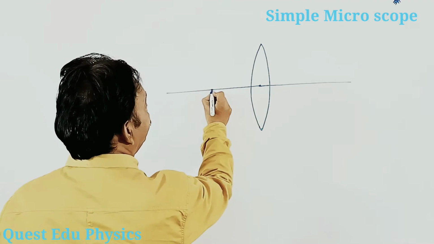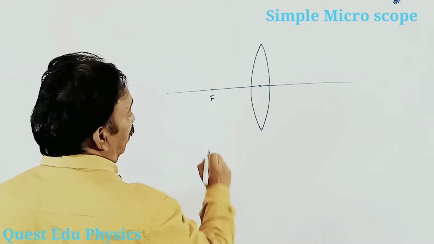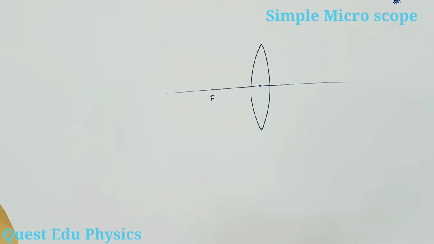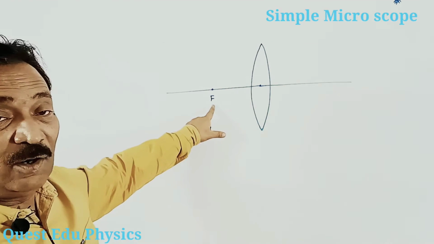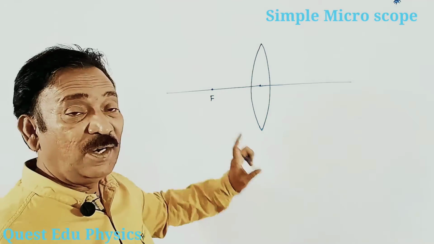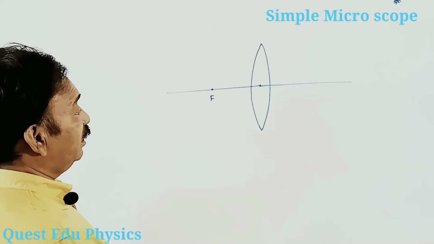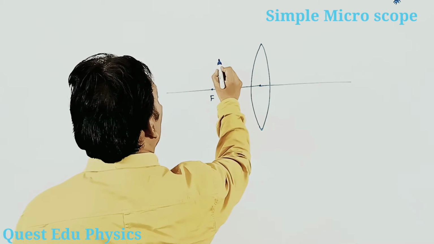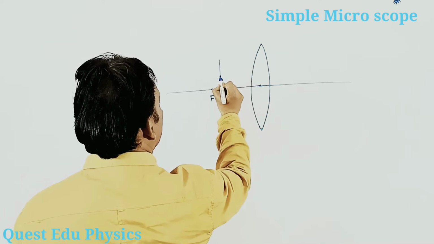Here you know that a lens always has a focal point and a focal length. And what is the focus? It is the focal point or the principal focus. It is the point where the rays will meet after refraction. Here we are taking an extended object, students. What is an extended object?